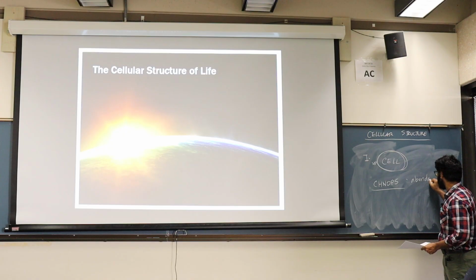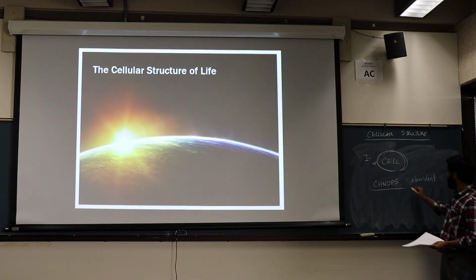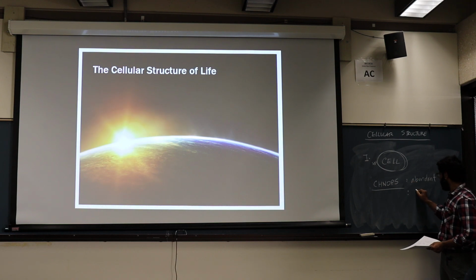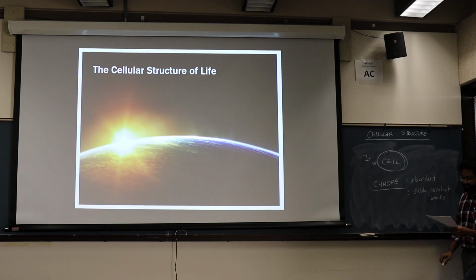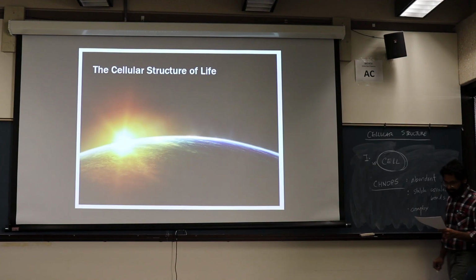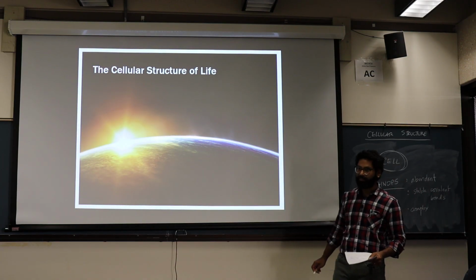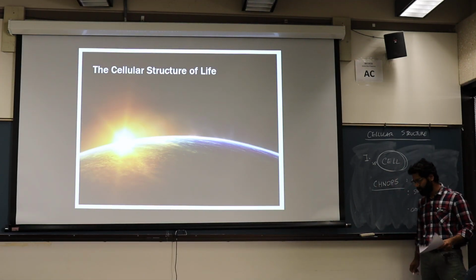So why do we need this? Because they are abundant, right? The other thing is they form stable covalent bonds. That's why you need these. So they can form complex bonds, right, the CHNOPS.